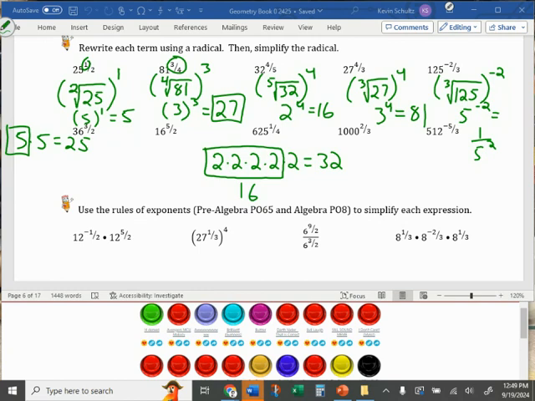And 1 over 5 to the positive 2nd is 1/25. Okay, that makes sense. And that would be your final answer. So a negative fraction power changes nothing until the very end. You just move that base to the denominator of the fraction.